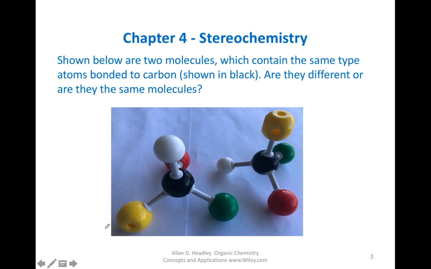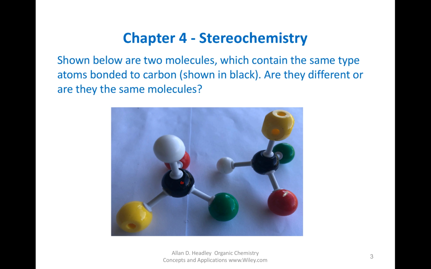So let's look at these 2 molecules carefully, and you may want to build these 2 molecules here. What I've shown here is a molecule that has a carbon and has a white, a yellow, a green, and a red. The same molecule here exists because it has a white, a yellow, a green, and a red.